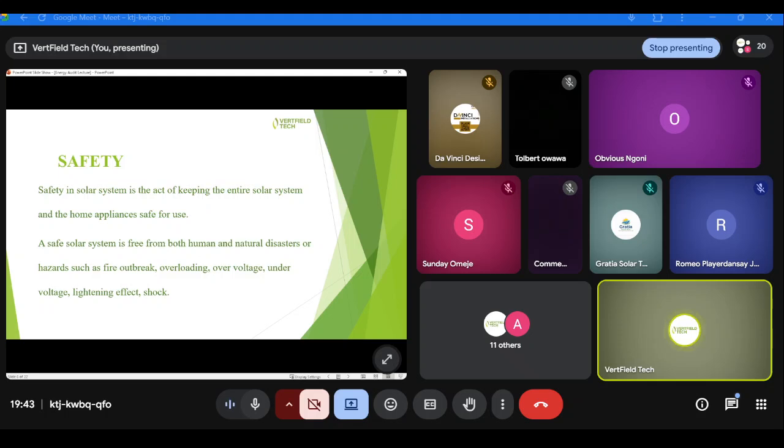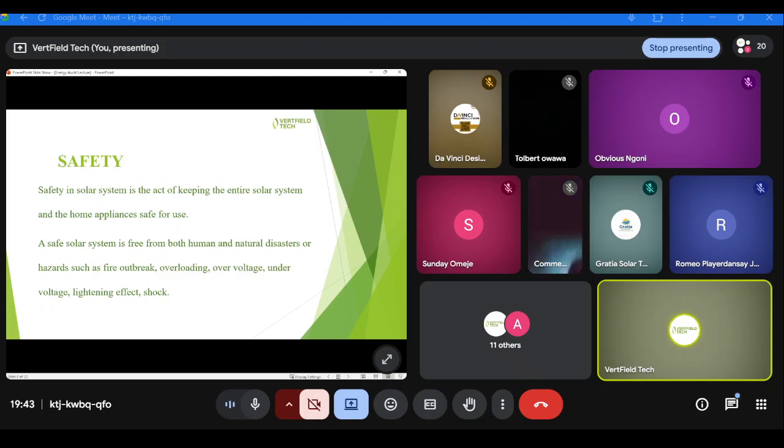When you talk about safety as it concerns your solar power system, we are generally saying that safety in a solar system is the act of keeping your entire solar system and the home appliances safe for use. So when you keep your entire solar system and your home appliances safe, that is what you call safety.